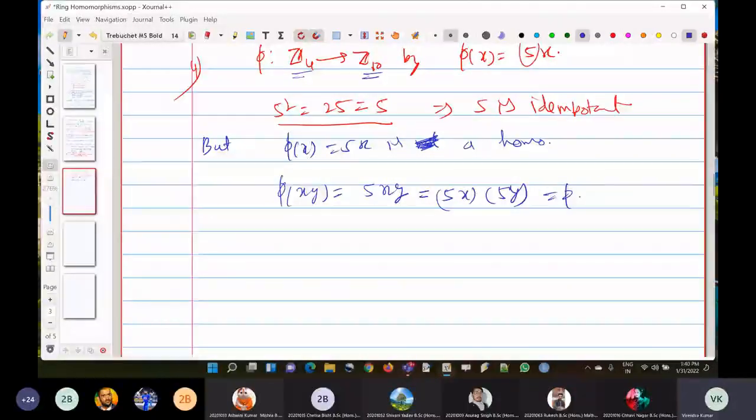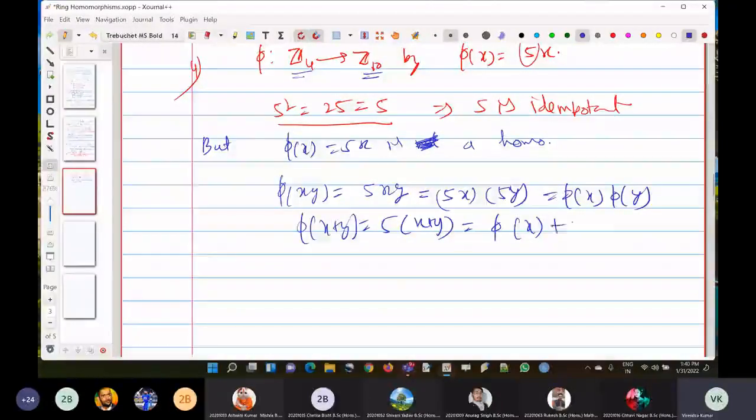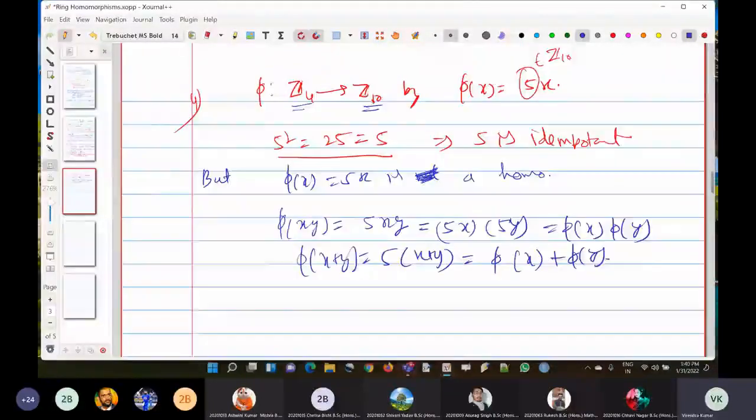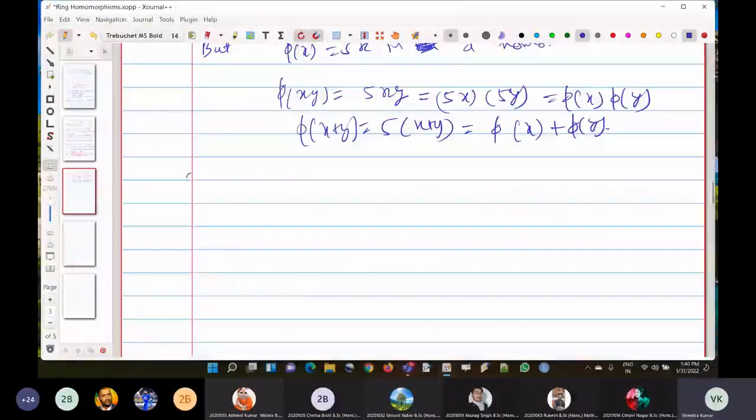So this equals 5 of x and 5 of y. And of course phi of xy equals 5 of x plus y, which is certainly equal to phi of x plus phi of y. Okay. Let us take another example where we have an idempotent, but it is not a homomorphism.